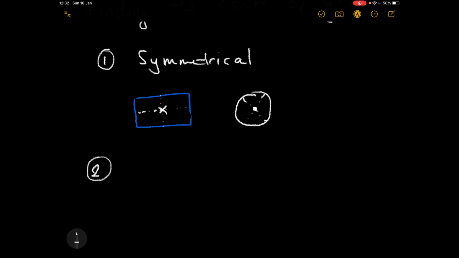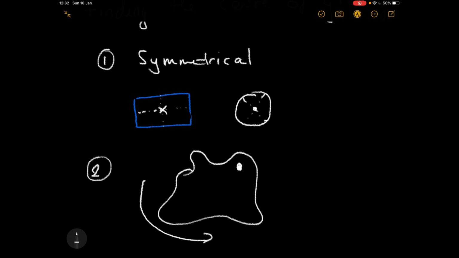The second thing is if you've got a non-symmetrical object, or a slightly more complex object, let's say you've got an object like this. What you do is you make a hole in it and you suspend it. What will happen is the object will rotate until the center of gravity hangs below.